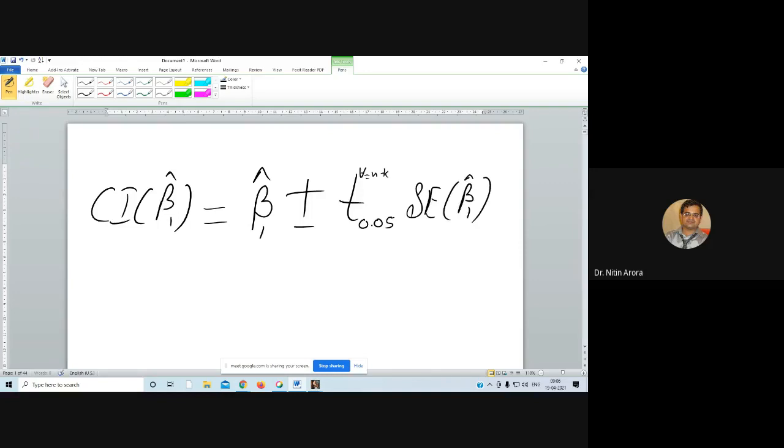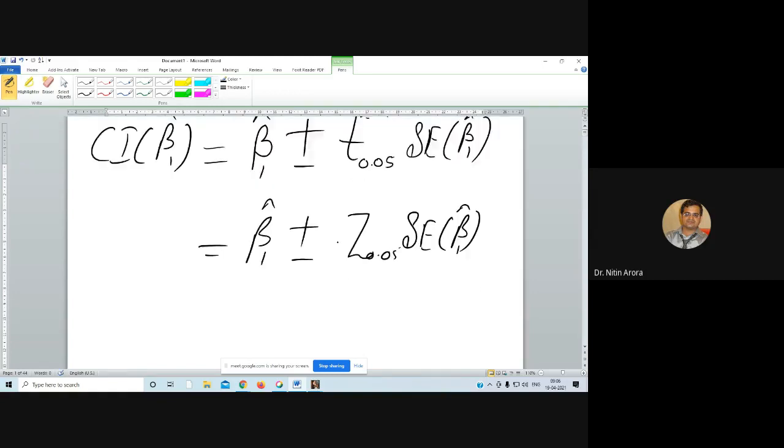If the sample size is large, t can be read as z. There is no need of v if the sample size is large, because then the tabulated value of z will be 1.96 for the 95% confidence interval and 5% level of significance.